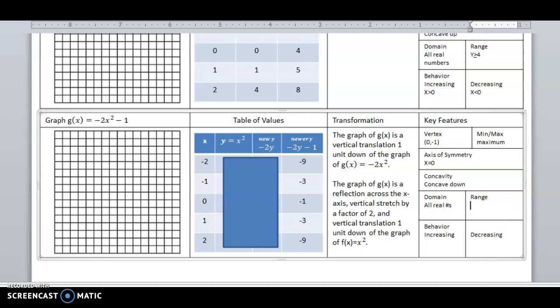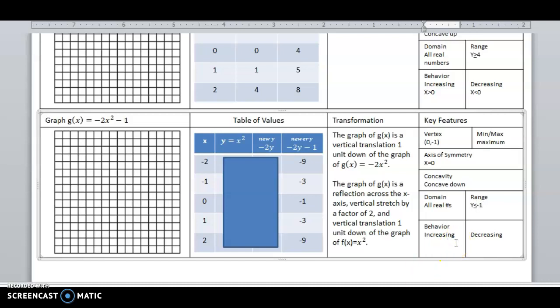The range is, since it's now going down, it's going to be less than or equal to the y value of the vertex, which is negative 1.